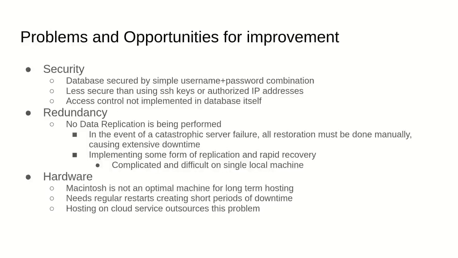Implementing some form of automatic replication and rapid recovery would have circumvented this problem. However, for the hardware we ended up going with, this would be difficult to do, given that it's one single local machine.